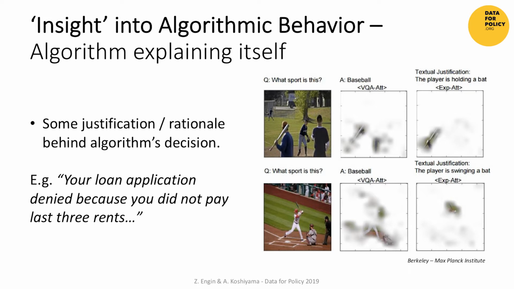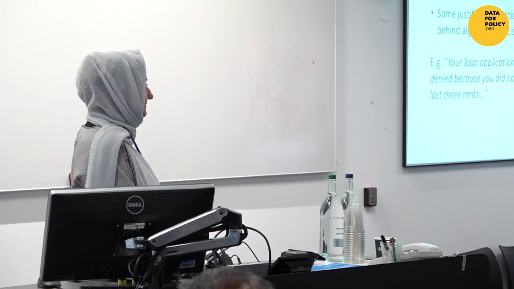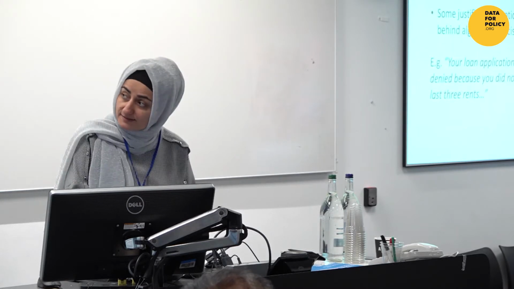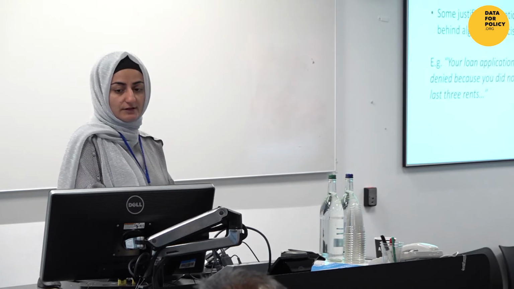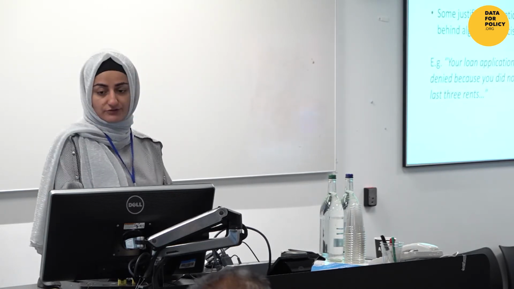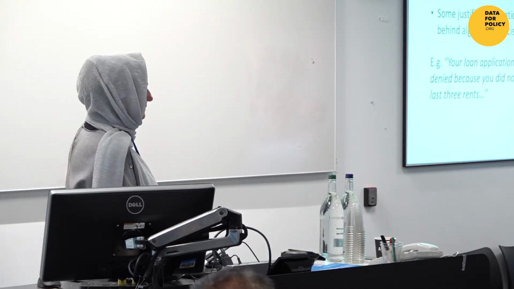A second way to look for insight into algorithmic behavior is where the algorithm tries to explain itself a little bit more, so it gives us some sort of reasoning. In this example, the first picture, the question asked is, what sport is this? The answer is baseball, and the textual justification the algorithm gives is that the player is holding a bat, and similarly in the lower column.